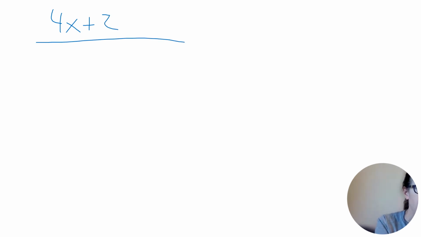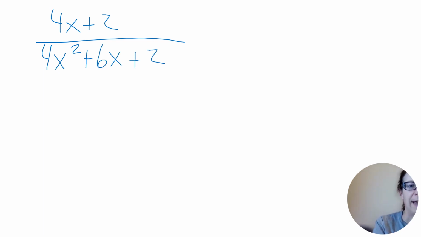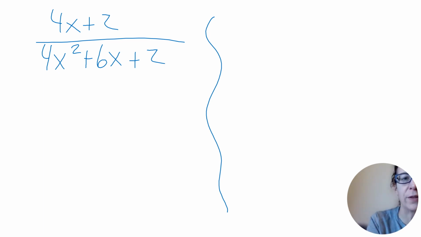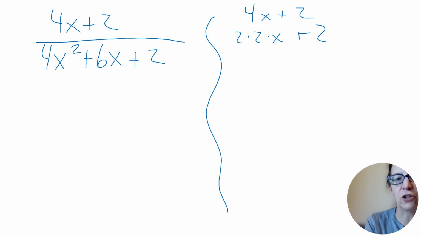All right, last one. Okay, so this will be 4x plus 2 over 4x squared plus 6x plus 2, and we're going to need to factor that. In my numerator, I have a common factor of 2. And again, if you don't see it, 4 is 2 times 2, and 2 is really 2 times 1, okay?